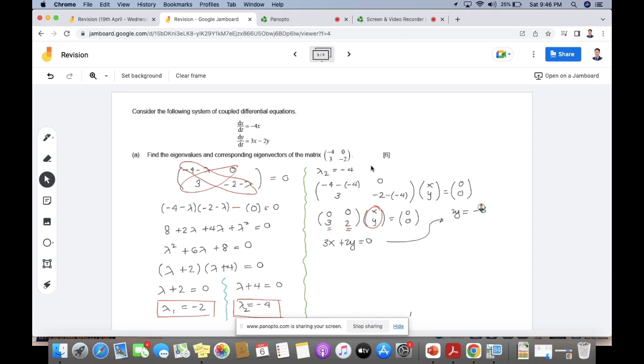Remember that I could also write this as negative 3x, another version. Sometimes my negative could be on the y, it could be on the x. So you might be confused: why am I having the negative on the x while in the marking scheme the negative is on the y?